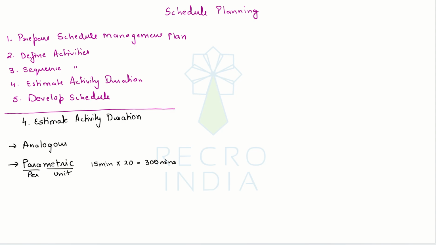Now, otherwise, this is very good. However, understand that you may not be able to break every activity into uniform units of work. Say, for example, I need to teach a particular module. Now, the module has about 20 slides, but I cannot say that every slide will take exactly 5 minutes and 20 into 5 I will need 100 minutes to teach this module.